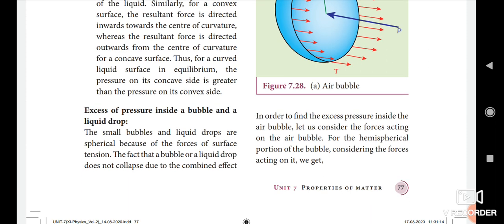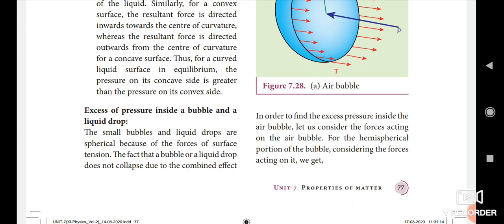The next topic: excess of pressure inside a bubble and a liquid drop. Here the small bubbles and the liquid drops are spherical because of the forces of surface tension. Why are the small bubbles and the liquid drops spherical in shape? Because of the forces of surface tension.